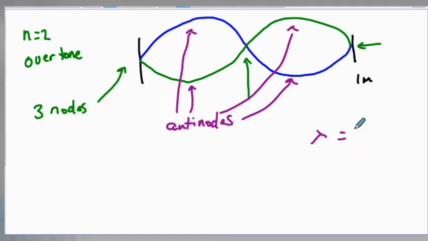Wavelength here is 1 meter. Please note that the nodes occur half a wavelength apart.